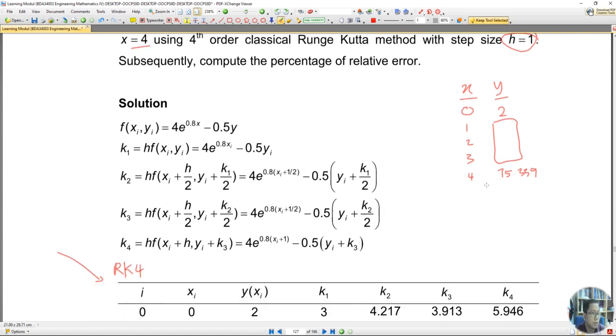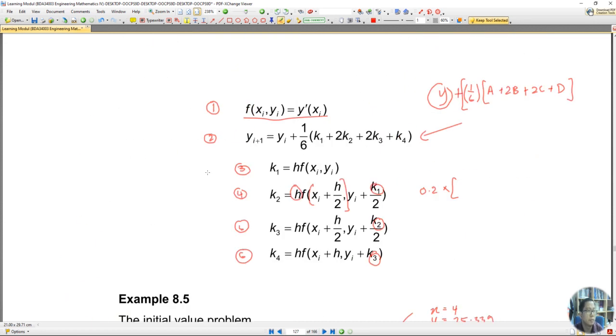Okay, solution. This is the formula according to this one.